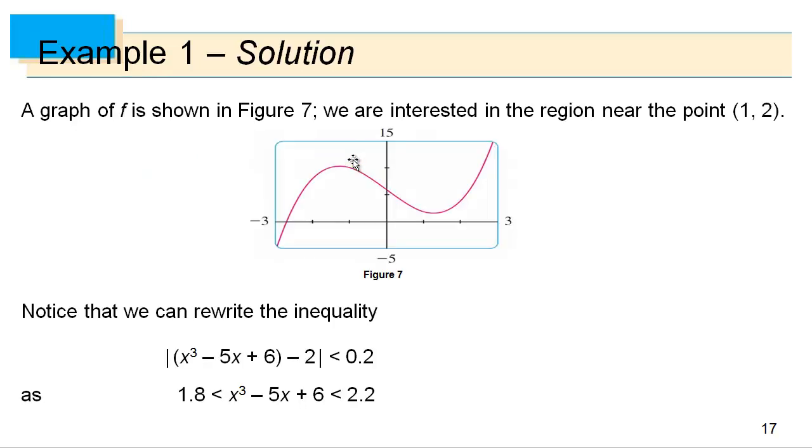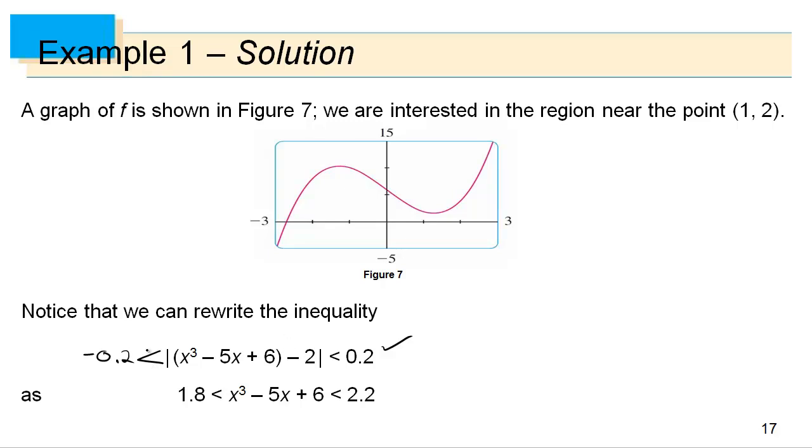Okay, here's a graph of the function. Notice that we can rewrite that inequality that we had originally, this one here, that if we want to get rid of this 2, we have to add it to both sides. But you're like, hey, what's over here? Well, remember that if we're dealing with an inequality and we're saying this stuff is less than 0.2, it's also greater than negative 0.2.